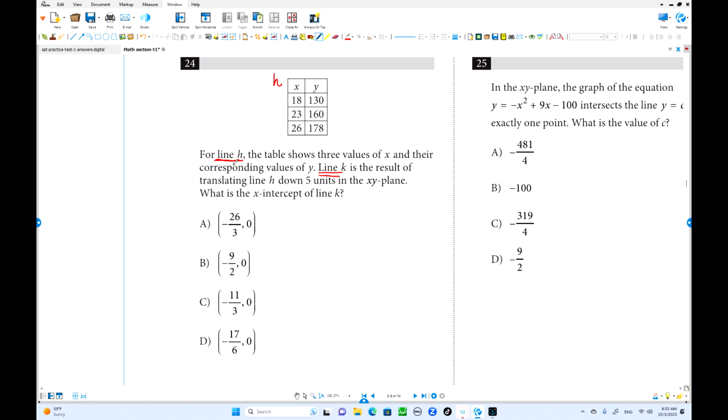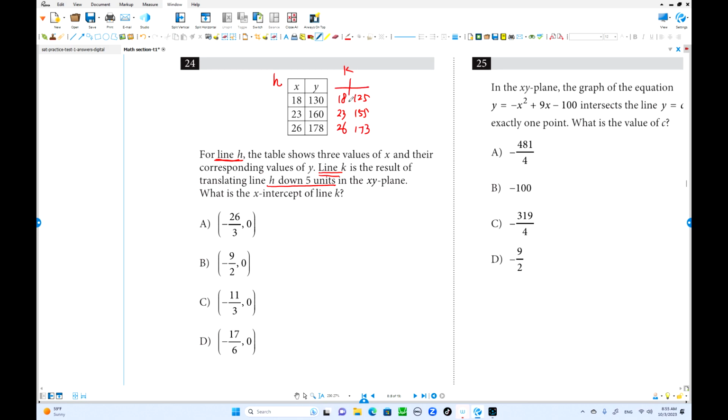The slope is constant. But this K, another K over here, this is the K, but with the same number, only 5 units. X doesn't change. The y value is 5 units more. This is 125, 155, and 5 units more is 173.